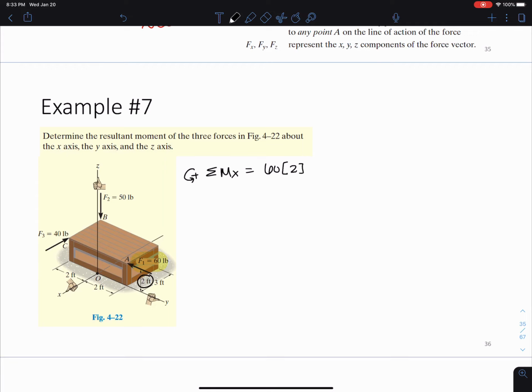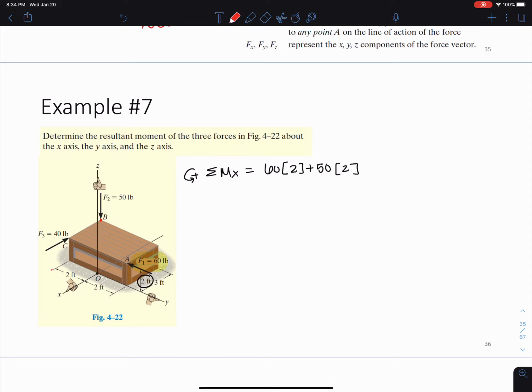And we're going to be adding 50 times another 2 feet away that this acts, because the 50 acts at the corner here, and this corner is 2 feet away. It's kind of hard to see.